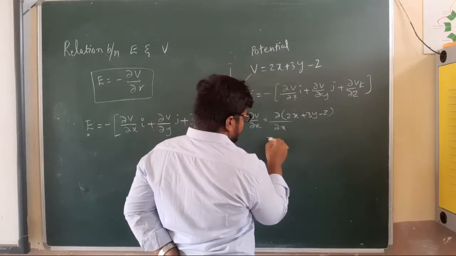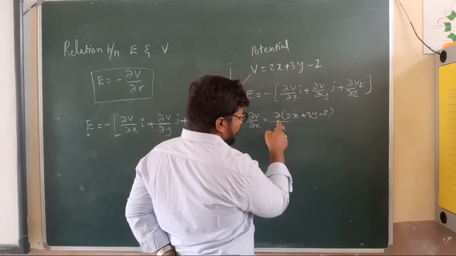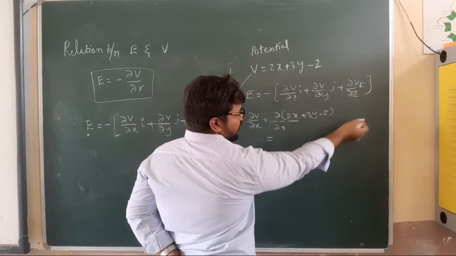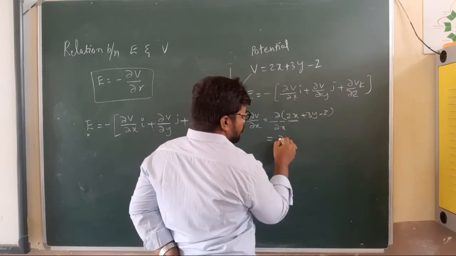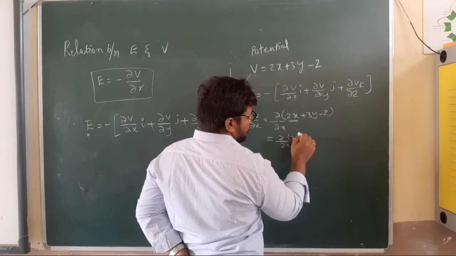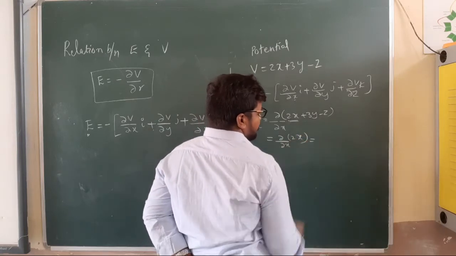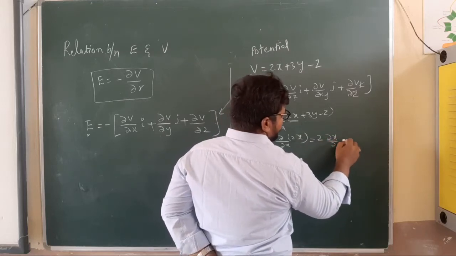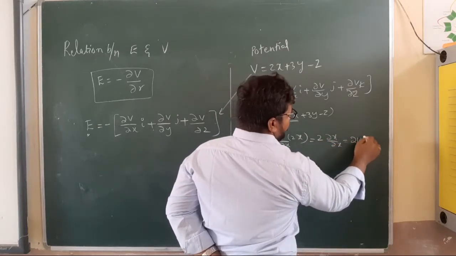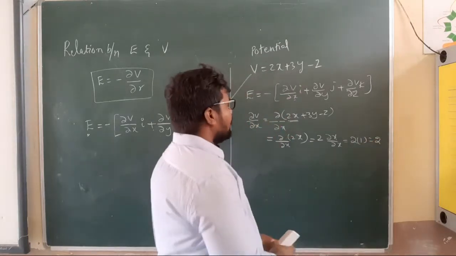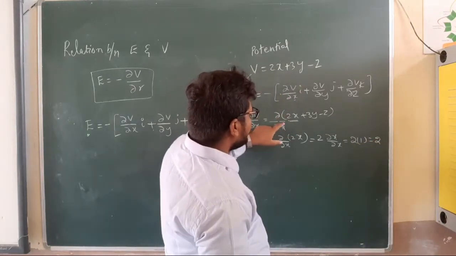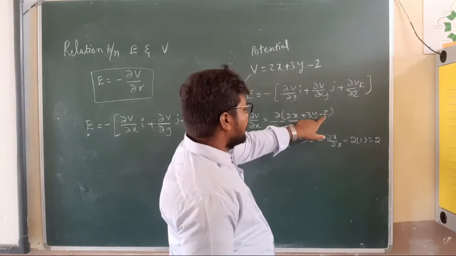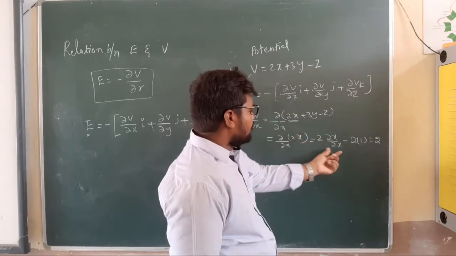Dou by dou x of 2x is 2 into dou x by dou x, which is 1, so 2 into 1 is 2. The remaining terms 3y minus z are constants for x. That's why it becomes 2.